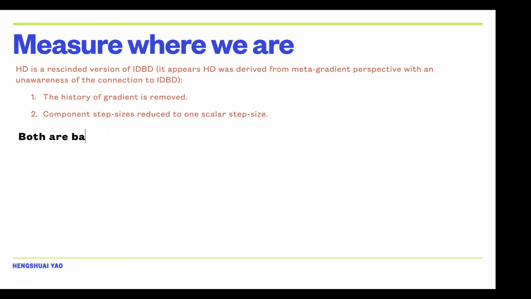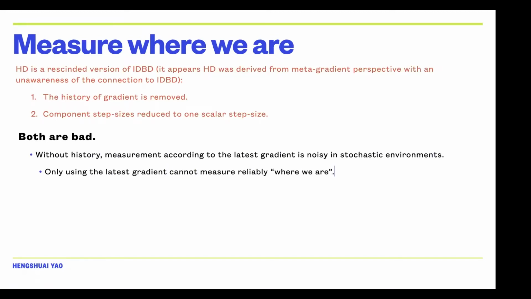Why? First, without history, measuring according to the latest gradient is noisy. It's not reliable. If it's not reliable, then step size adaptation is all wrong. That could easily lead to slowness or divergence. So only using the latest gradient cannot measure reliably where we are.